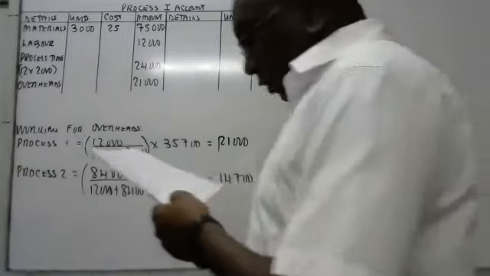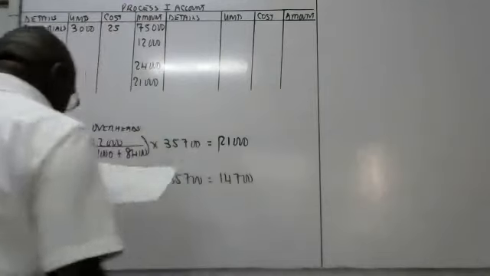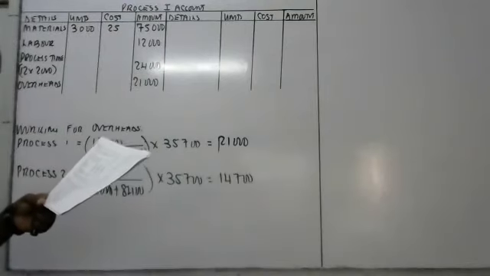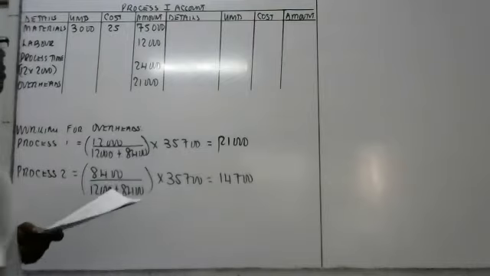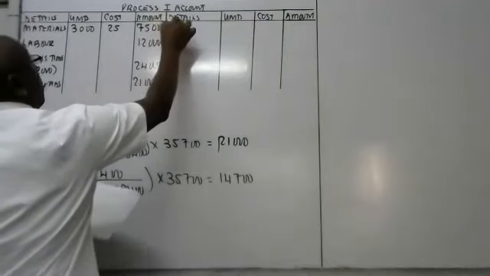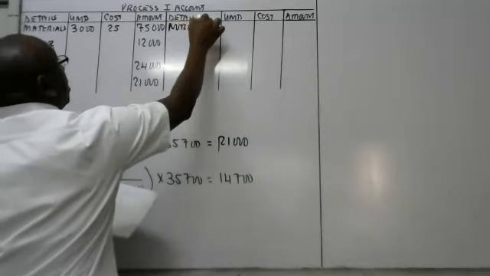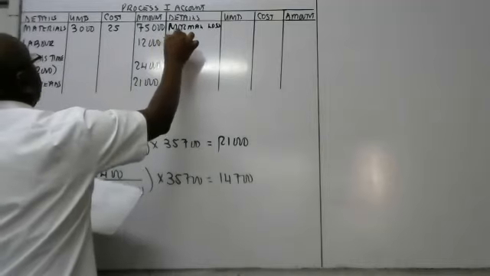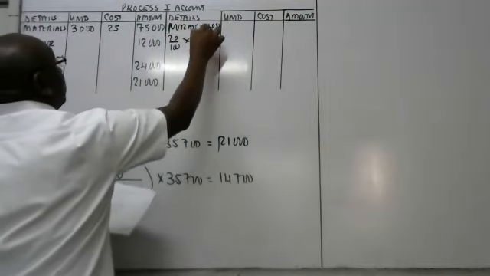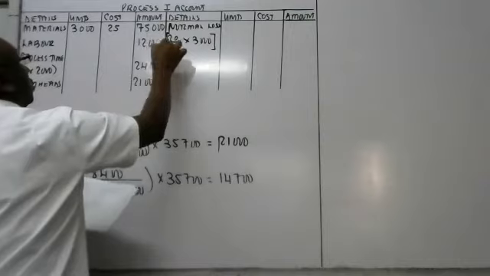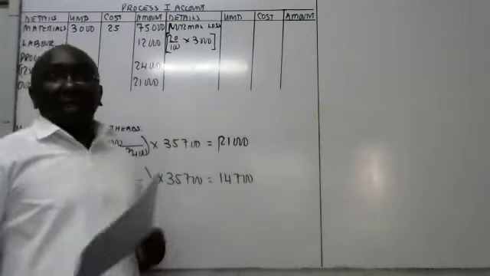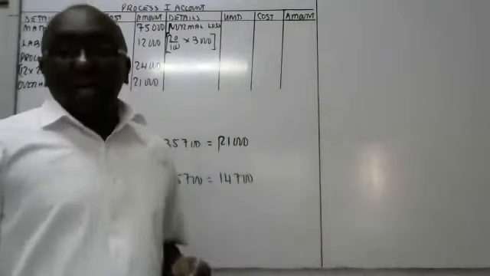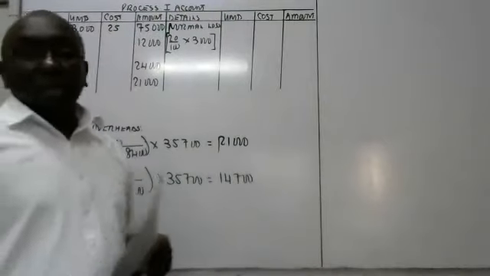From there, we proceed. We are told by information number 2, the normal output of process 1 is 80% of input. So that tells you normal loss is 20%. So 20% of 3,000. 20% of 3,000 is how many units? 600.